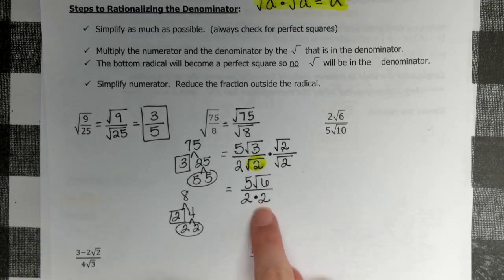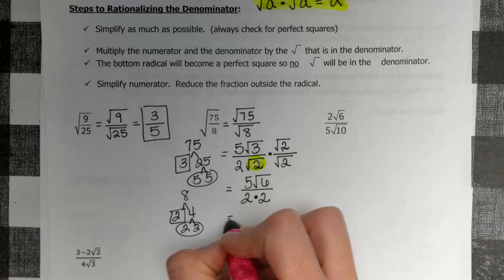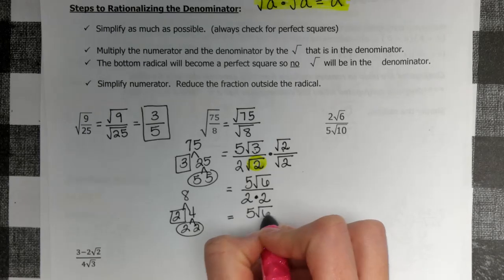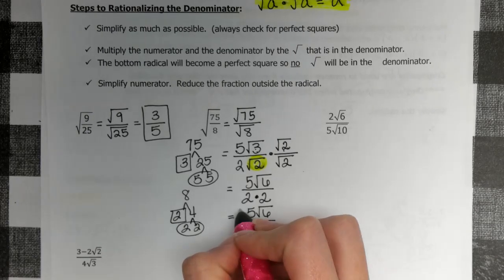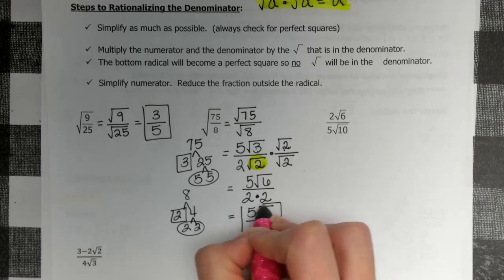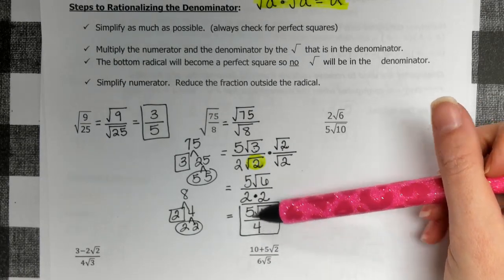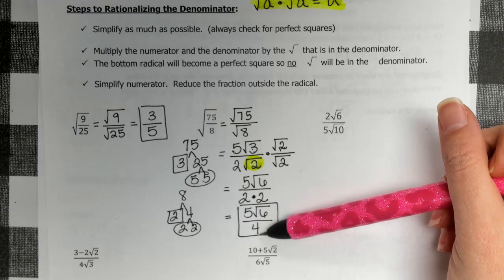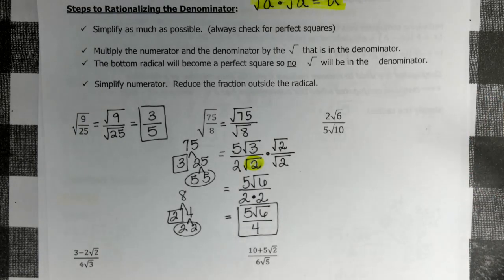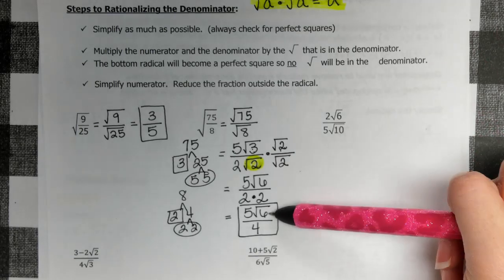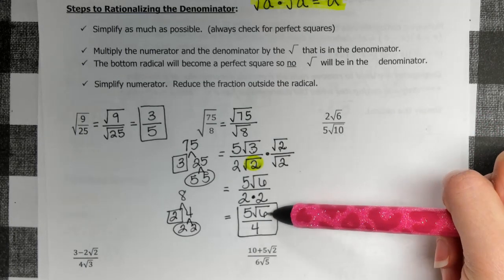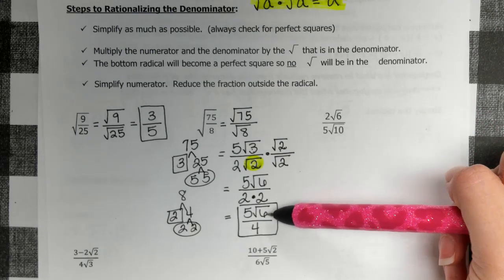You don't have to tell me square root of 4. So this simplifies to 5 square root of 6 over the 4 that I now get. I would check to simplify 5 over 4, those outside numbers. I cannot. So that is what it is. You do not change the number under the radical once you've multiplied though. Okay?